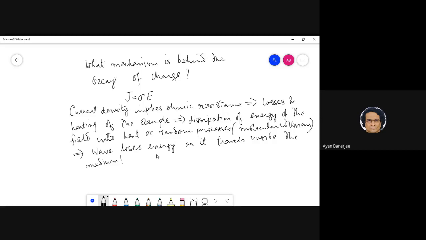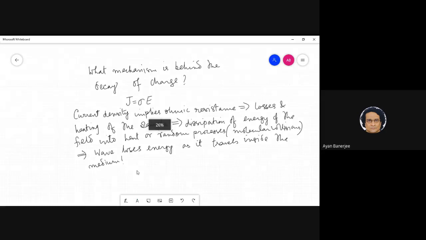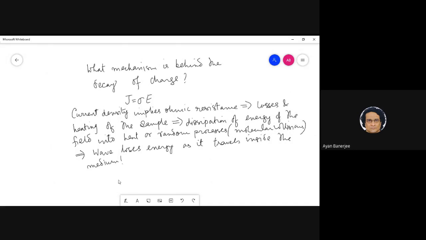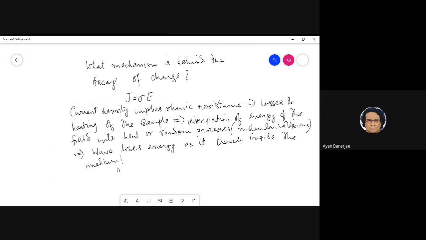The crucial thing is we have to understand what the physics of this absorption is. So let us consider it from the very beginning, from first principles.